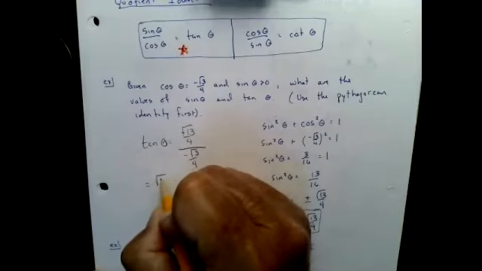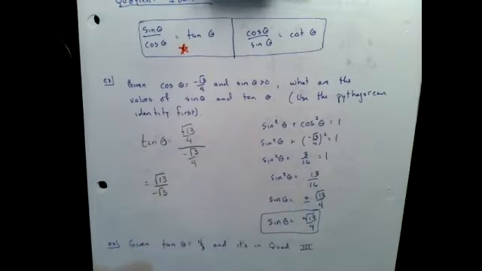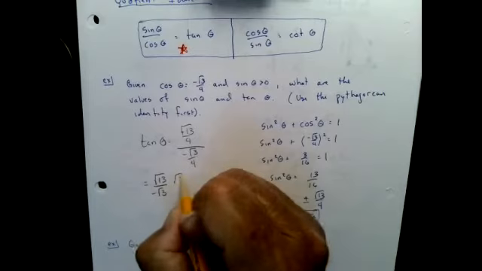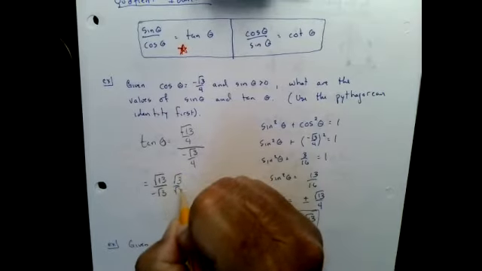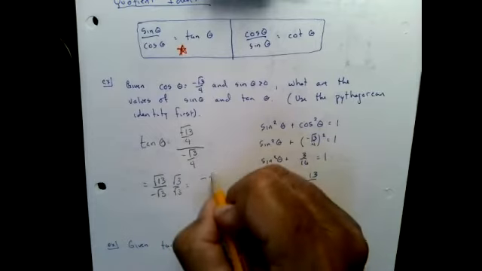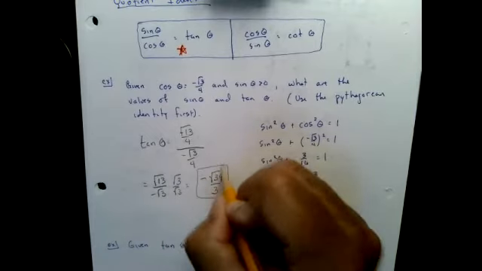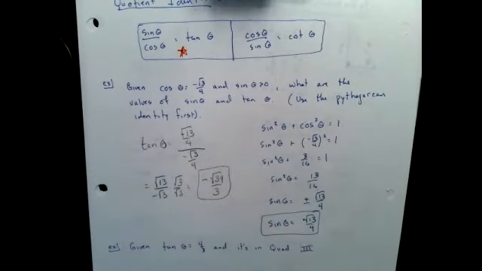I get square root of 13 over negative square root of 3. Rationalize, square root of 3 over the square root of 3. Looks like I get a negative square root of 39 over 3.